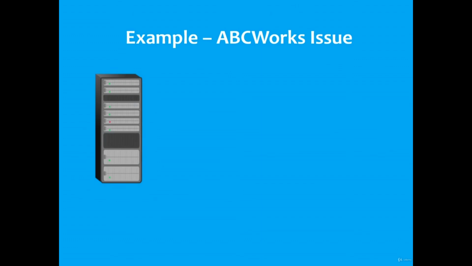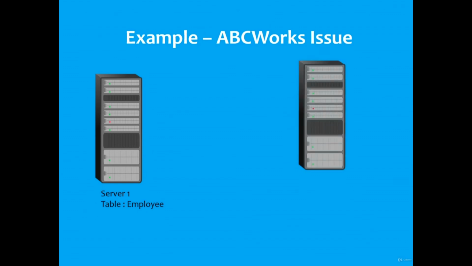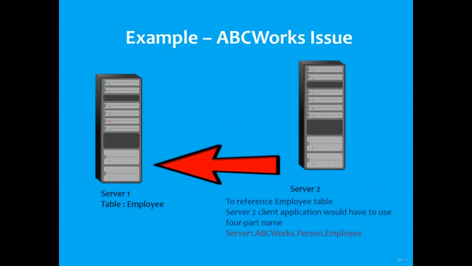Let's see an example to understand synonym. Consider the employee table of ABC Works located on the server named Server 1. To reference this table from another server, that is Server 2, a client application will have to use a four-part name, that is server1.abcworks.person.employee.